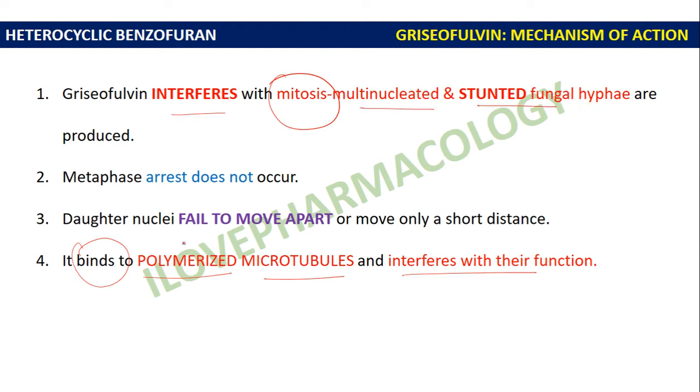It does not arrest the metaphase activity. But remember, by binding to the polymerized microtubules, it interferes with the mitotic activity, thereby producing multinucleated stunted fungal hyphae. Because of this, there will be failure of daughter nuclei to move apart.